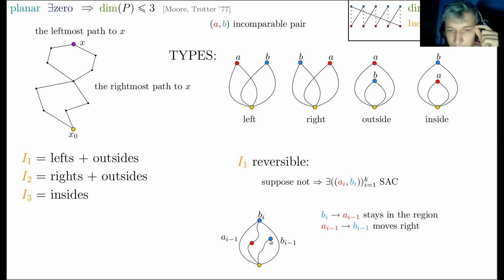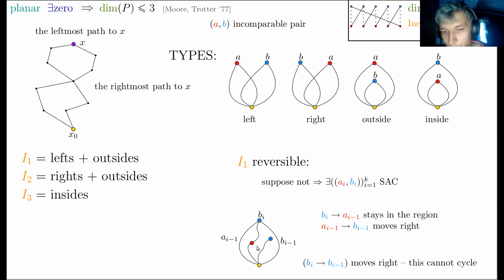So this means that BI minus 1 is right of AI minus 1, not meaning the leftmost path to BI minus 1. Yes, so we have this movement right. But we knew that this AI minus 1 is inside this region, and BI minus 1 is right of this path, and this path is right of this path by transitivity.